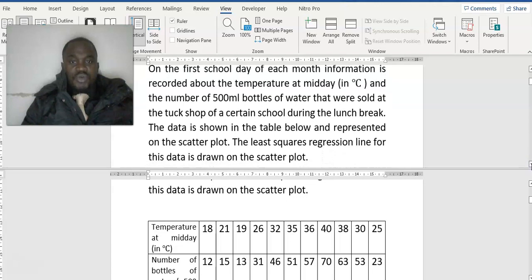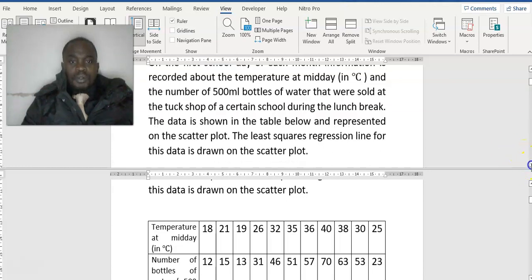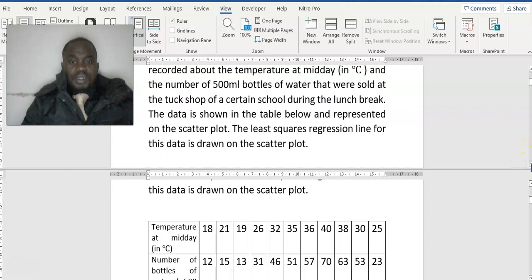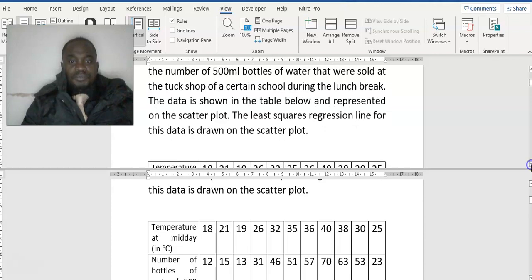The data is shown in the table below and represented on the scatter plot. The least square regression line for the data is also shown.